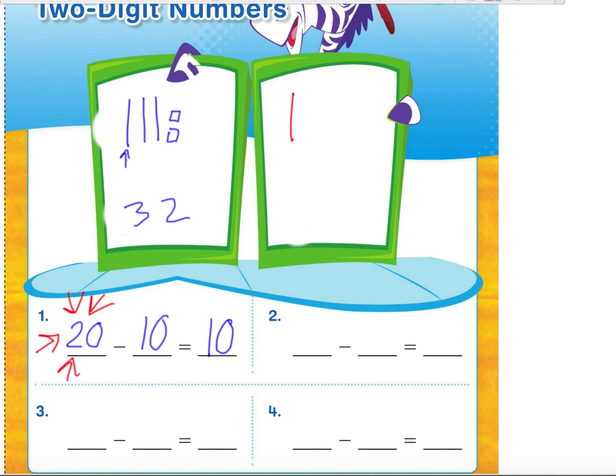I'll even change up the colors for you guys. So right here, we have 3. And these ones right here, we have 2. That's where we get this number right here, 32.